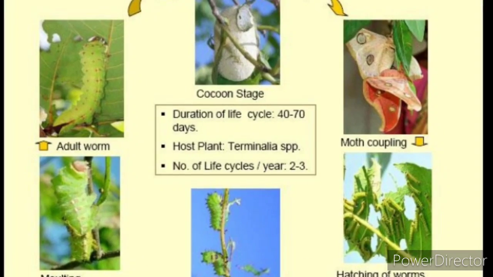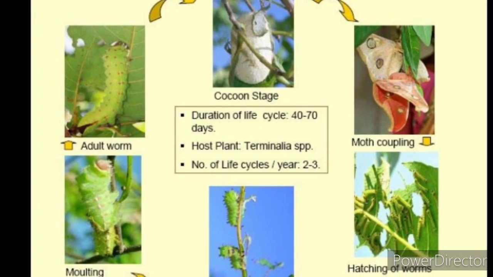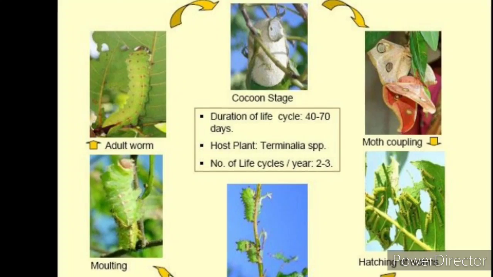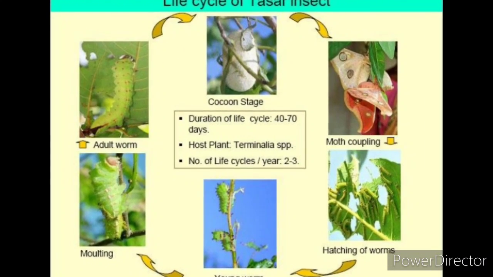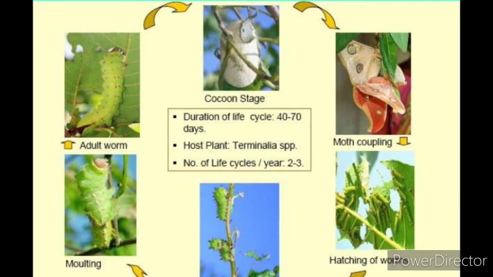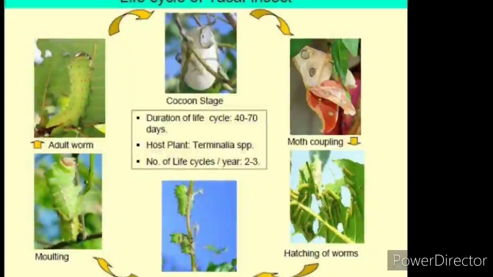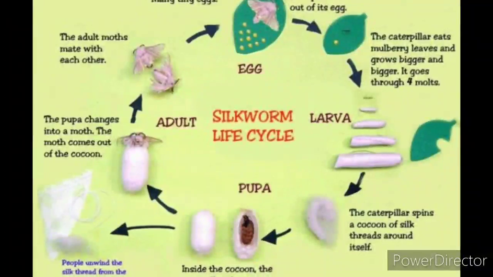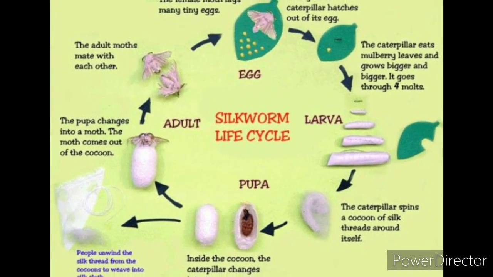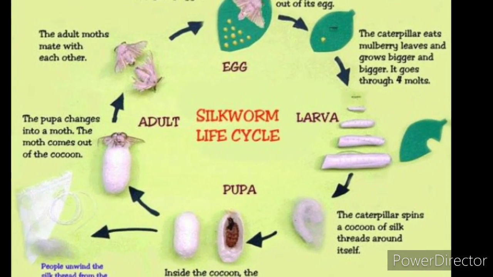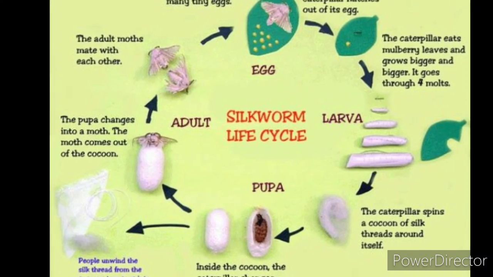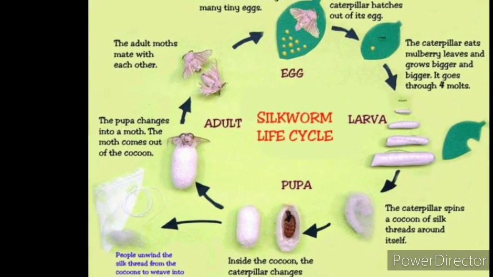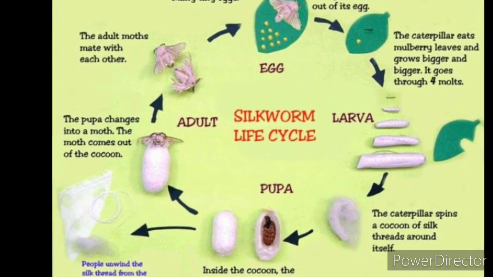Let us see the life cycle of the silk moth. Here we go. The silk moth lays eggs on leaves, then they turn into caterpillars, the larva. Those larvae feed on the leaves and elongate their body, again about 3 times in body size.